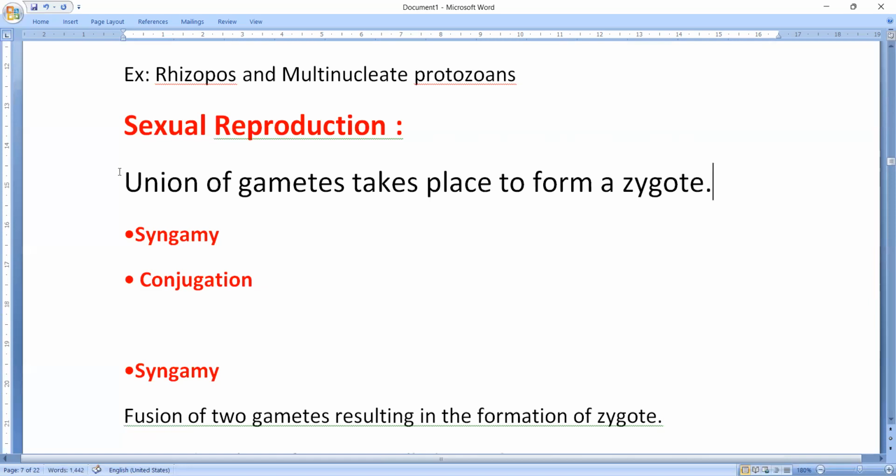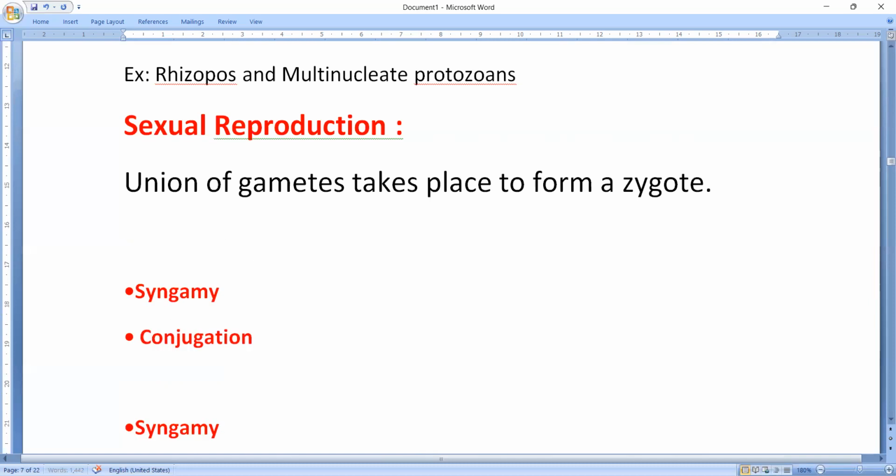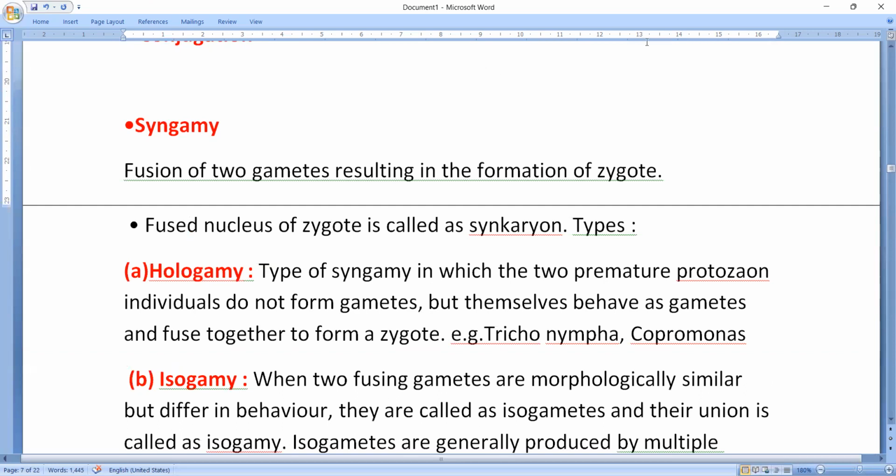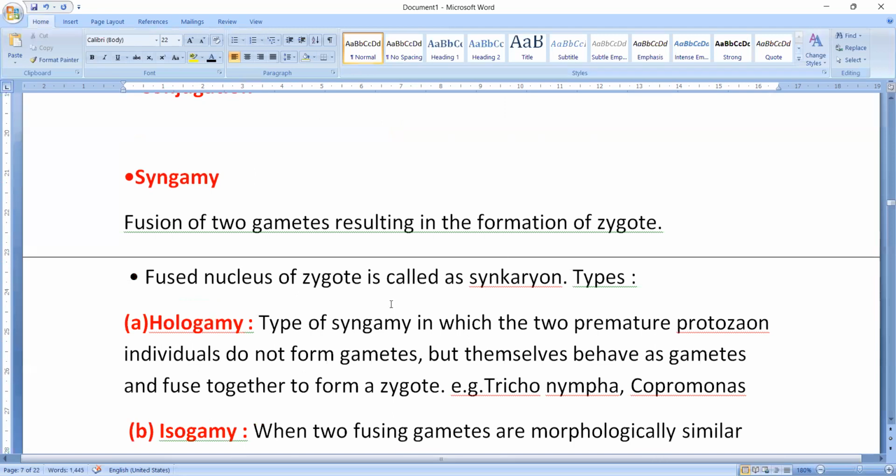Okay, so we all know that. So in protozoa, there are two types of sexual reproductions. Okay, so they are very, very common. So one is syngamy, another one is conjugation. What is syngamy? Simply, it is the union of gametes. Okay.